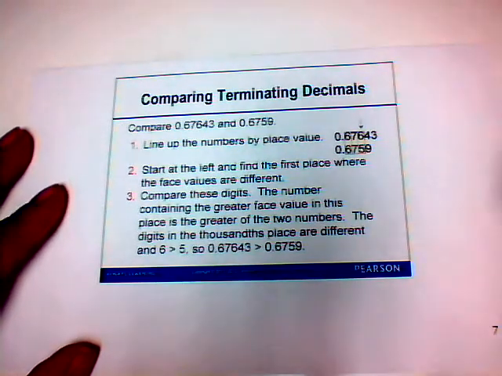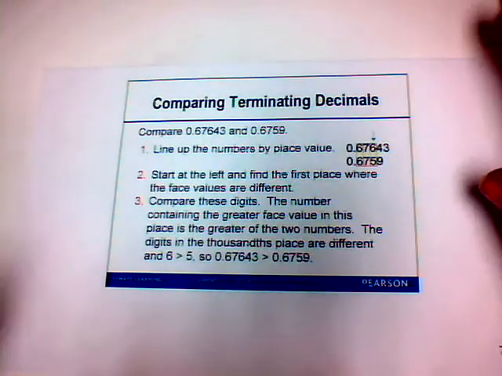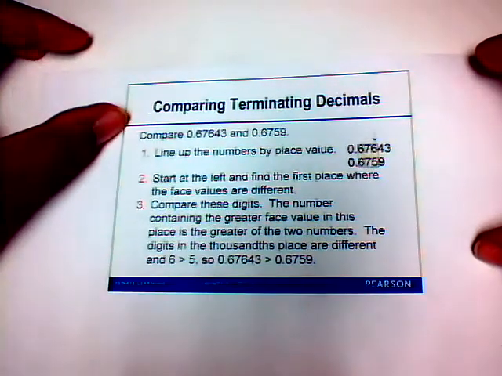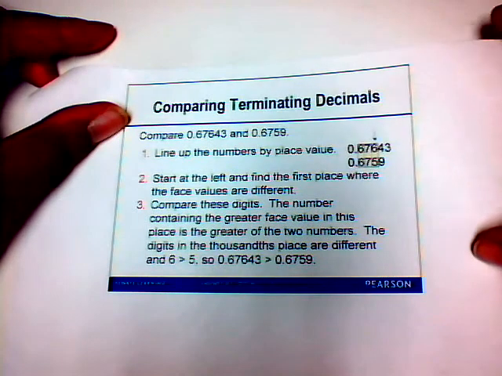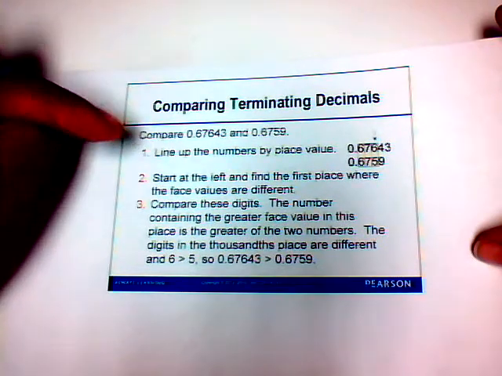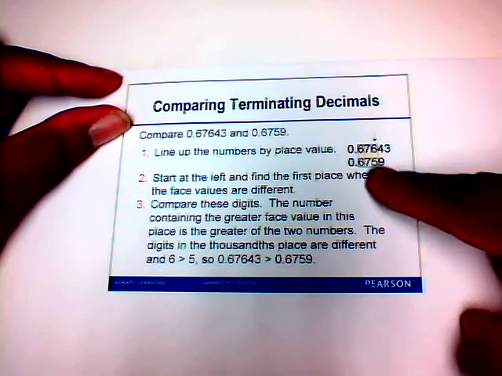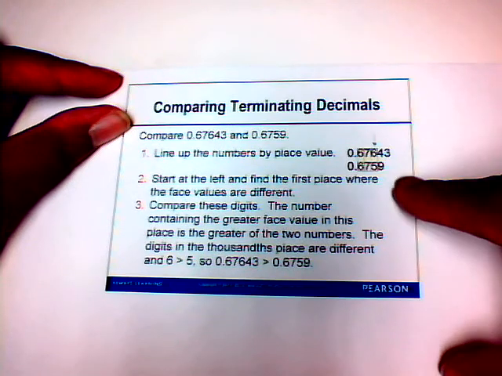Now, to compare terminating decimals, it only takes 3 steps. Like in this case, if we want to compare 0.67643 and 0.6759, what you'll do is line up the numbers by place value. As you can see here, these two decimals are lined up by place value.